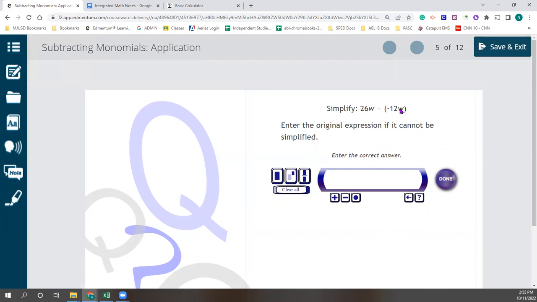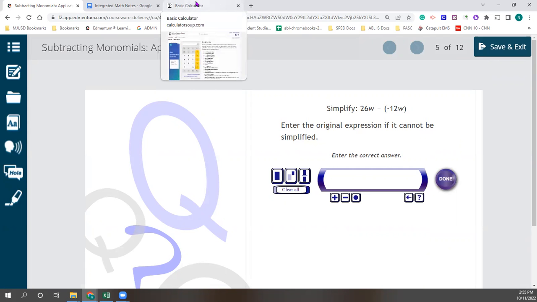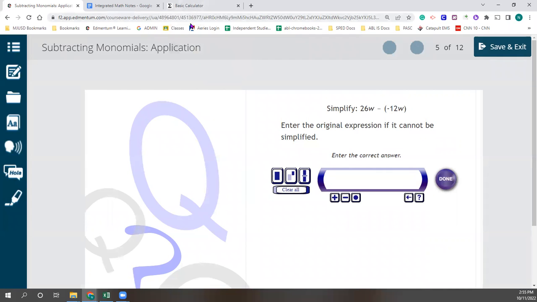26 minus negative 12 is the same as adding 12. How do I explain how a positive minus a negative is more positive? Think of it as taking away the amount of money that you owe.